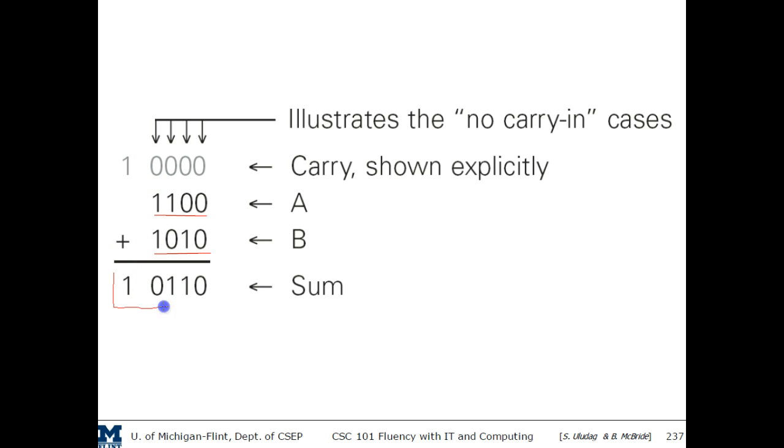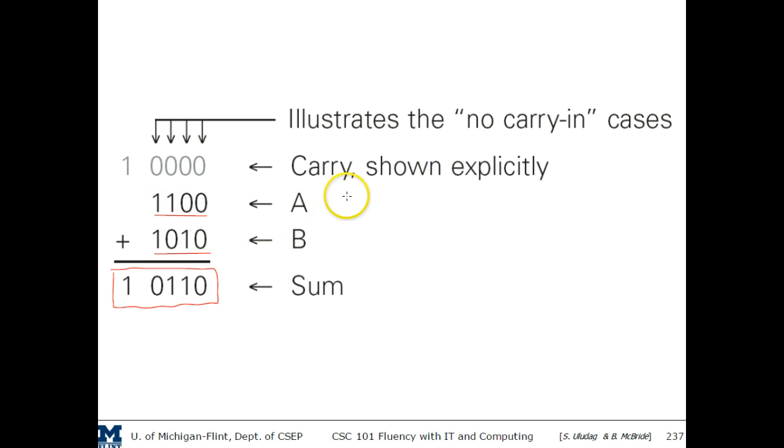So this is the bit pattern that we have after we've added the 2 binary numbers A and B together. Now let's just do a quick conversion from binary to decimal so that we can verify what we have here. Again, this is the 1, 2, 4, and 8's place.